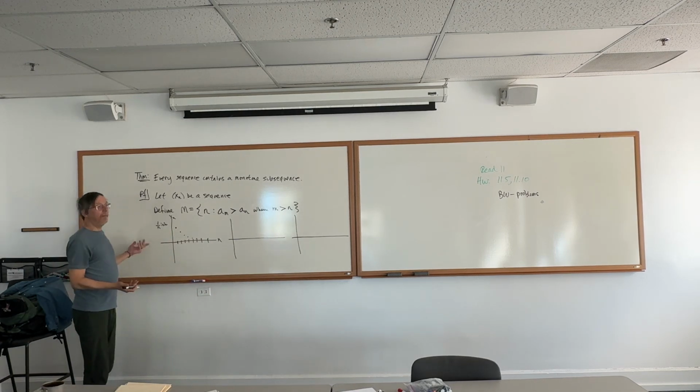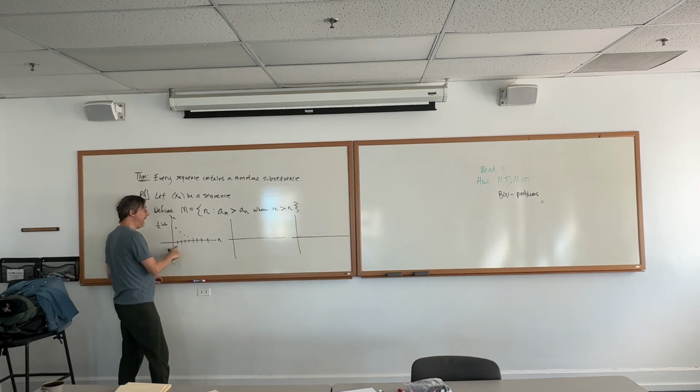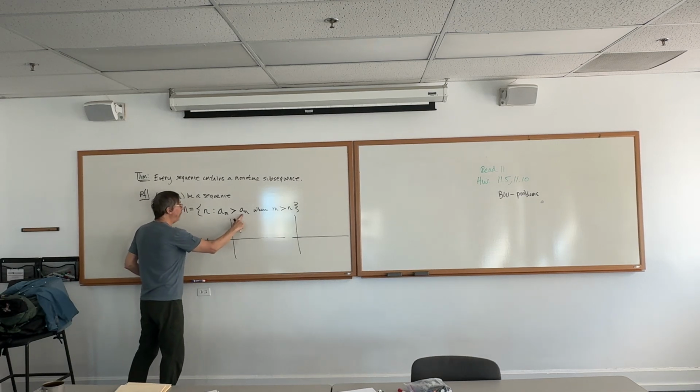So let's figure out what M is for that. So M is the collection of all n so that for that nth term, everything past it is bigger.